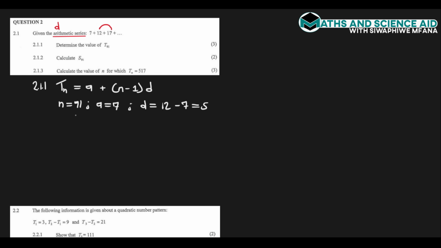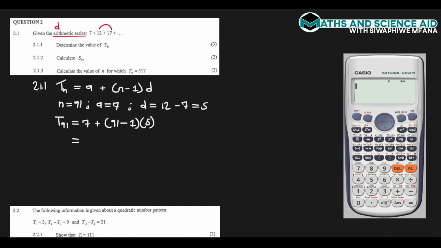So now we simply need to substitute all of these values into the formula. After this, we just need to use our calculators to find the final answer.